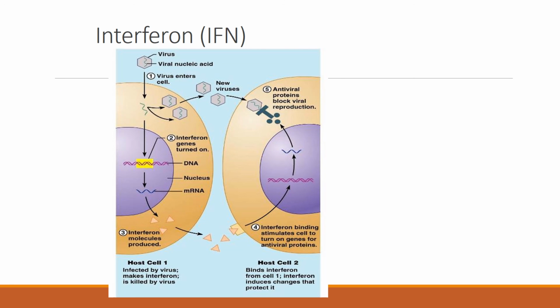And so in this image, what we have here is the virus is going to enter the cell here, and usually what happens is that it's going to continue on and infect the nucleus so that it can change the DNA, mRNA, and then make different types of proteins.